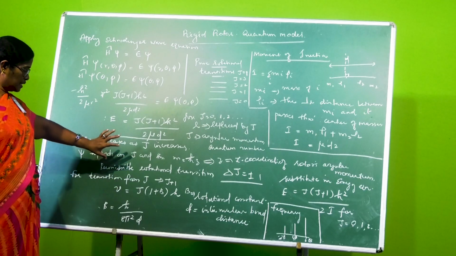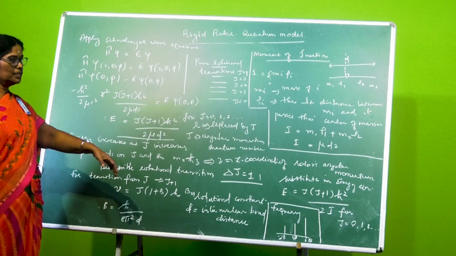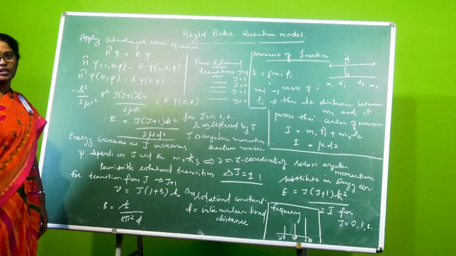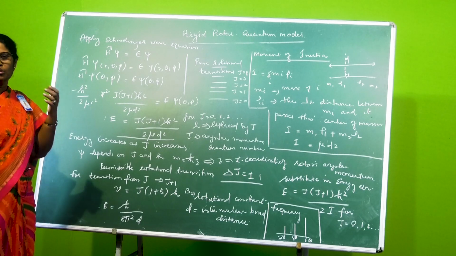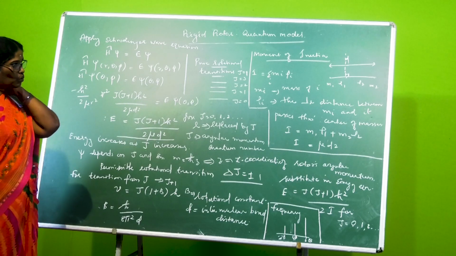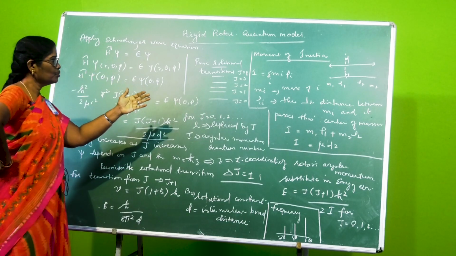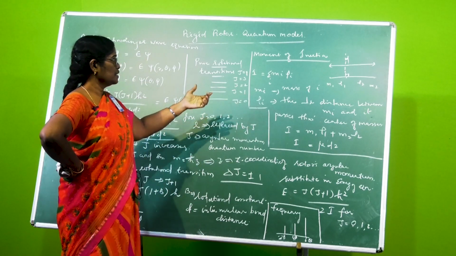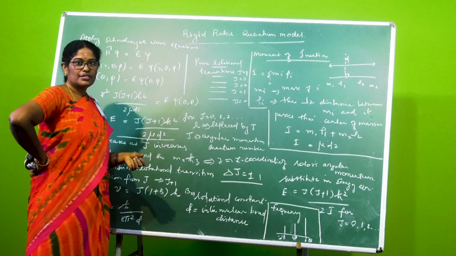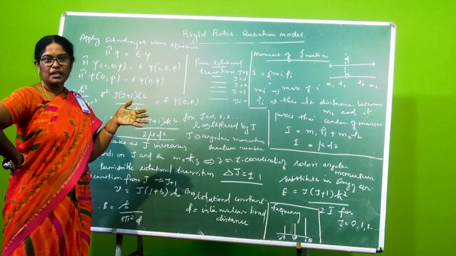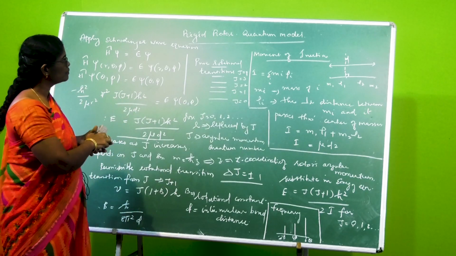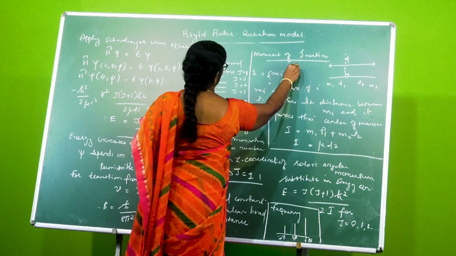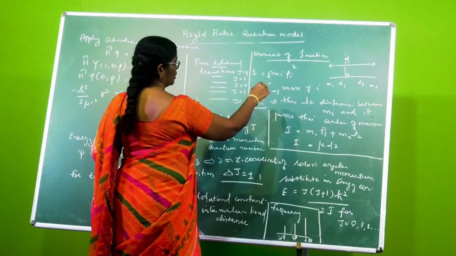So as we take into account all these parameters, having replaced the Cartesian coordinates by polar spherical coordinates, we also explain the moment of inertia associated with the system, as we understand that I is equal to summation of m i into rho i square.